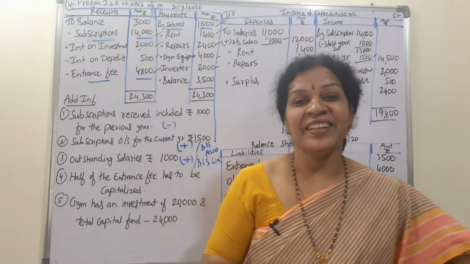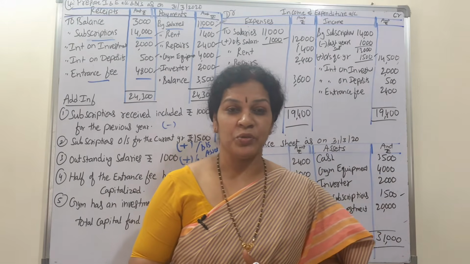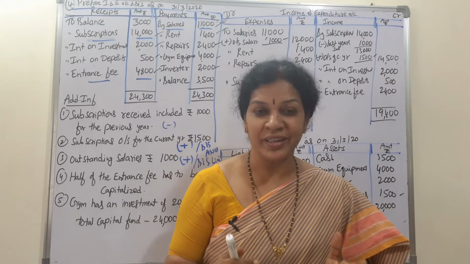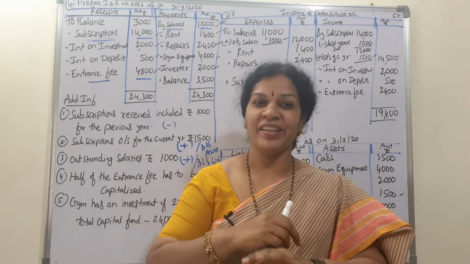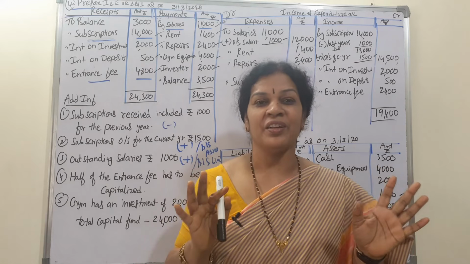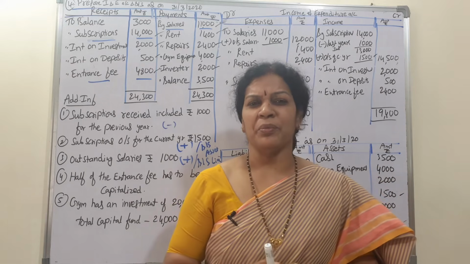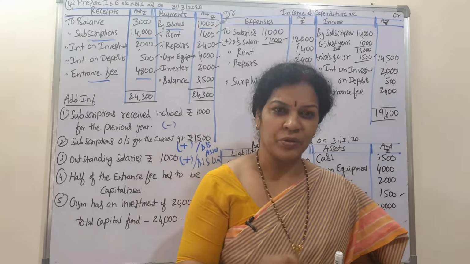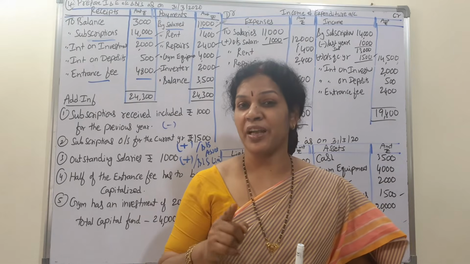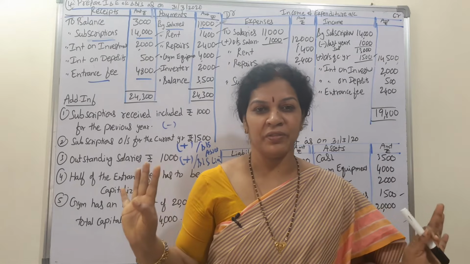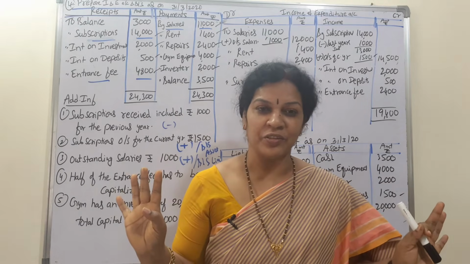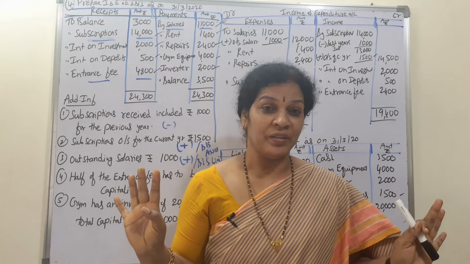That's it. So today, non-trading accounts, non-profit organizations, non-commercial organizations, this chapter is finished. There may be some more problems, a lot of problems. Take out your prescribed textbook as per your syllabus, any textbook, but the method is the same, the calculations are the same.